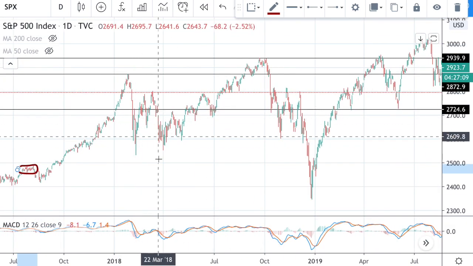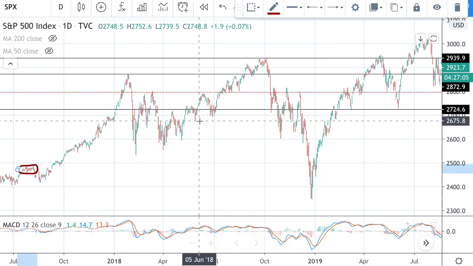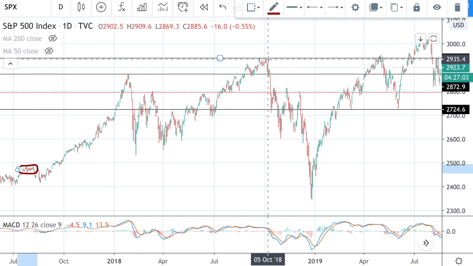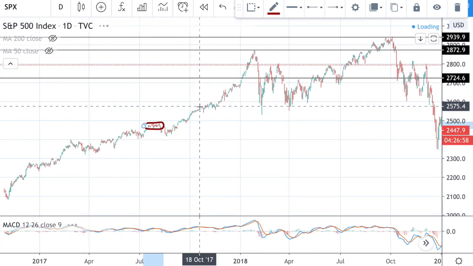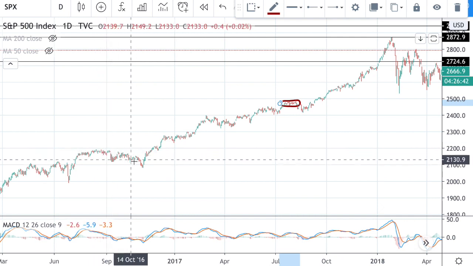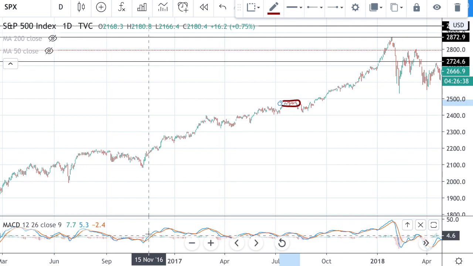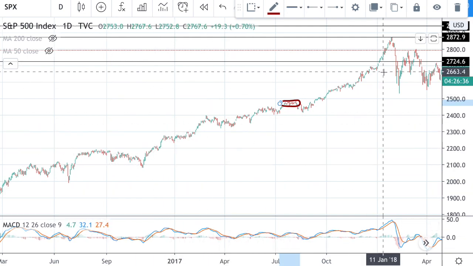We had a downtrend, the MACD was below the zero line, and then we popped back above it, and we had a multi-month rally. In 2016 here, we had a period of downtrend, below the zero line for a period. Then we popped back above, and we had a multi-month rally.